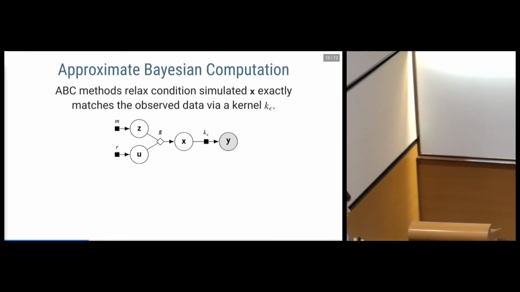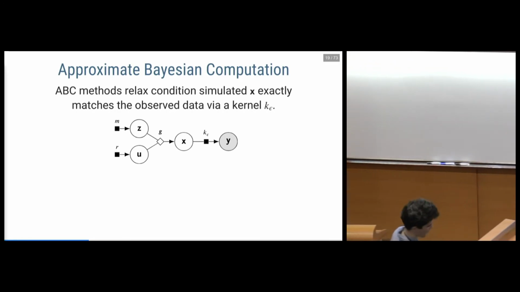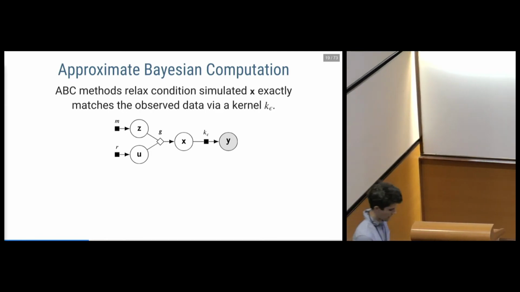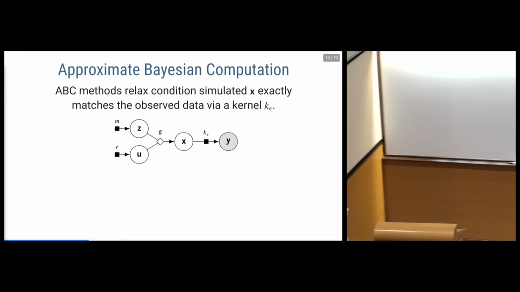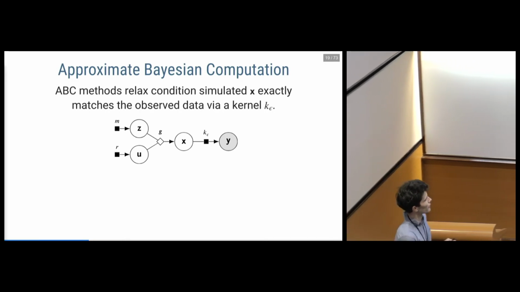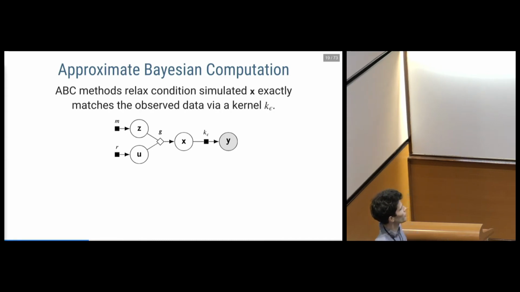So the most common class of inference methods used in this case, at least within a Bayesian setting, is approximate Bayesian computation methods, a kind of umbrella term. The key idea here is that we're going to relax this requirement that the observed data exactly matches the simulated output, and instead describe that there is some probabilistic relationship between that simulated output and our observations.